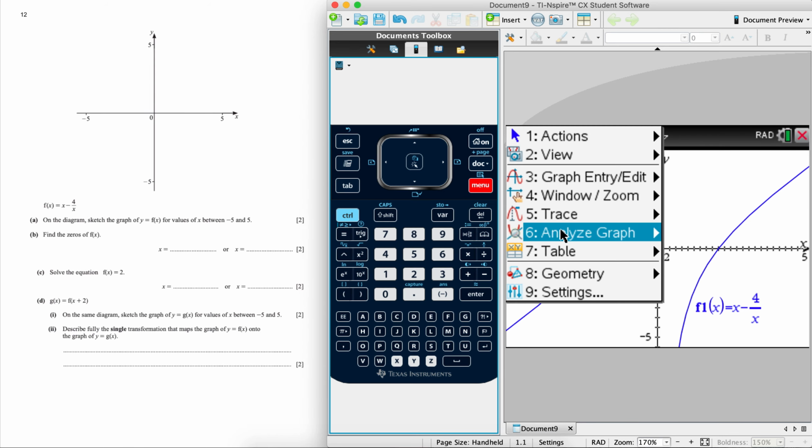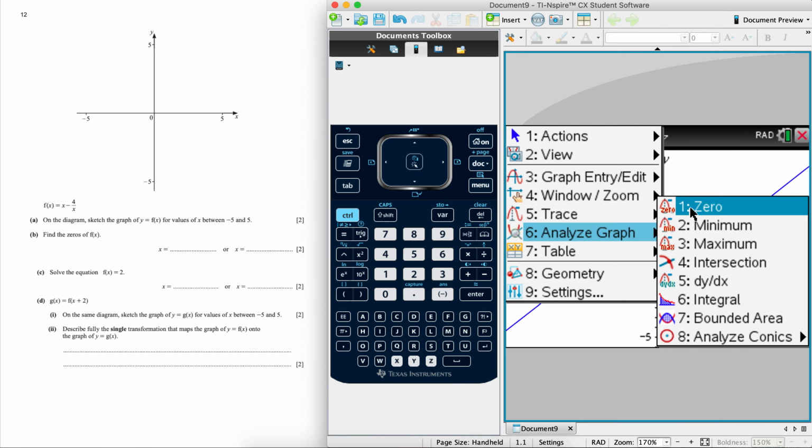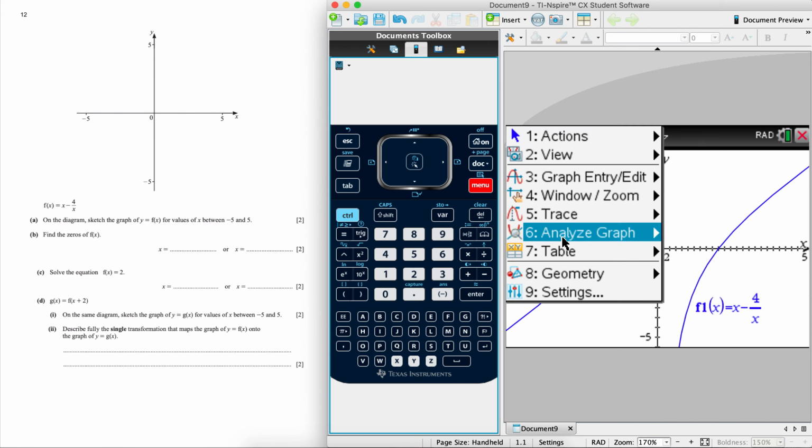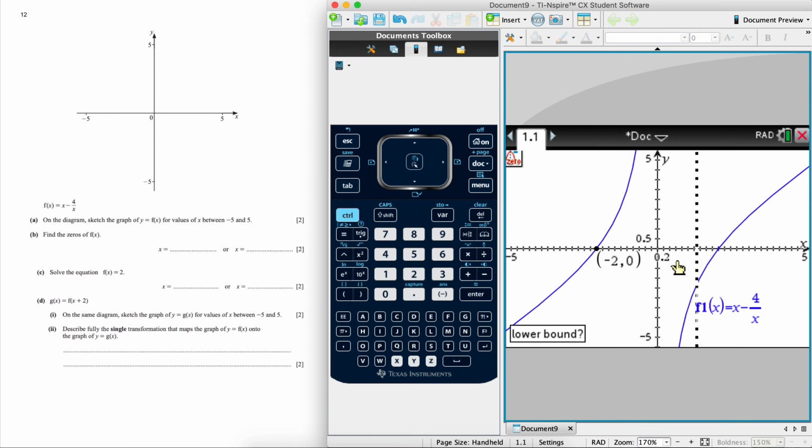Now to make it clearer, it would be worth knowing where it crosses the axis. So I'm just going to find that first. So that's menu, analyze graph and 0. Because it's now going to make it a little bit more accurate to draw. So we've got from -5.